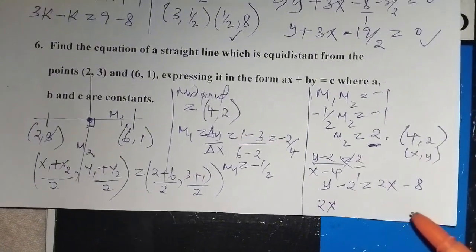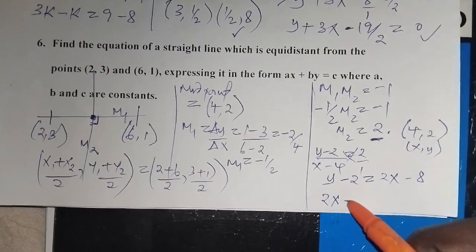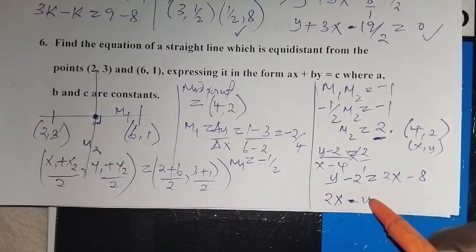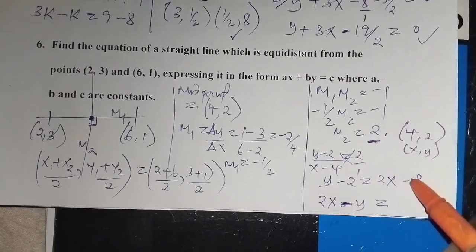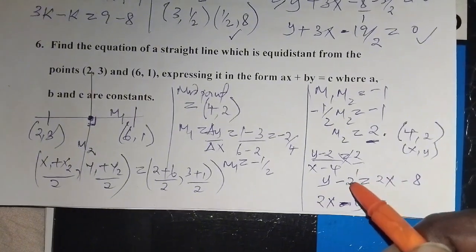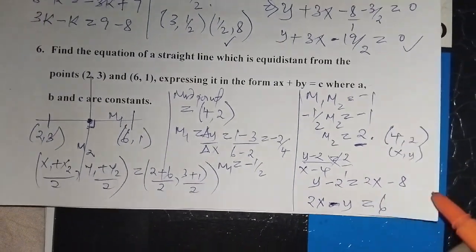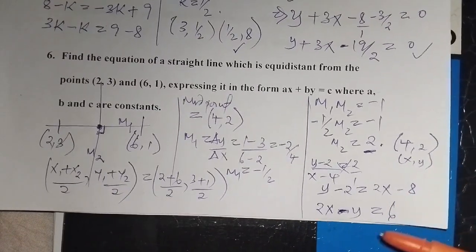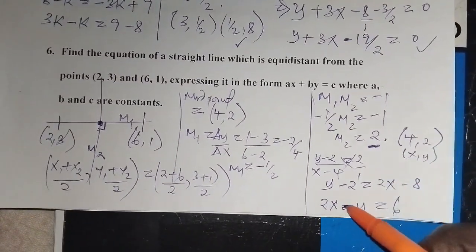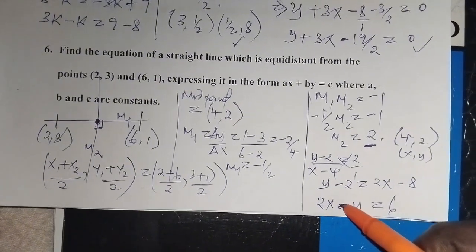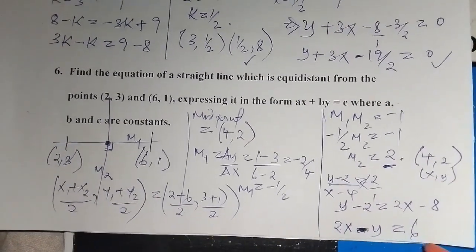Have 2x, positive y to the other side, we have minus y equals to the negative 8 to this side, it will be positive 8 minus 2, have positive 6. So it means your a is 2, b is negative 1, you have the coefficient here is negative, then c is positive 6.